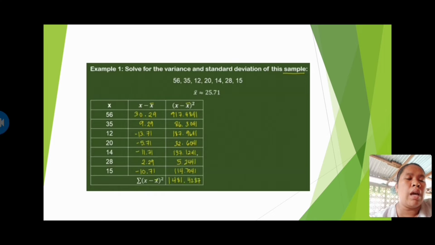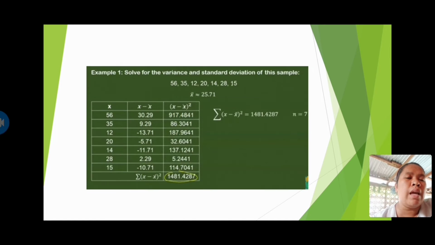So the same until the end. Then we add everything, for a total of 1,481.4287. After adding all of these numbers, we have the sum 1,481.4287, where our n is 7 because we have 7 numbers there.